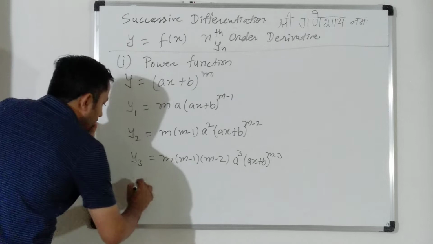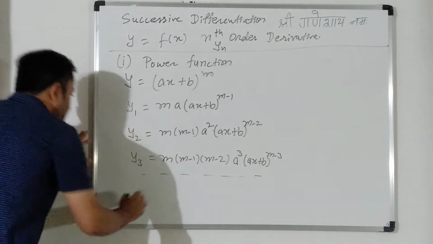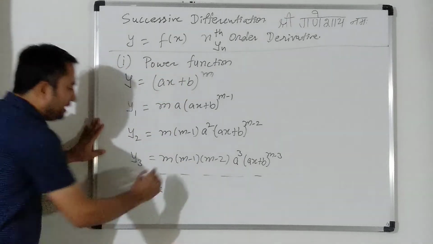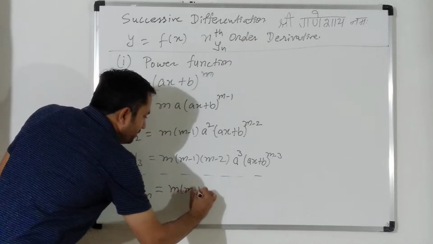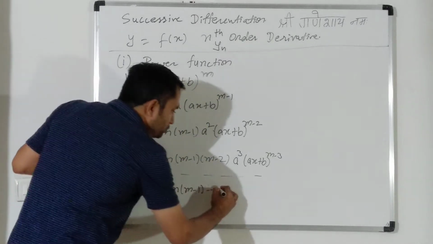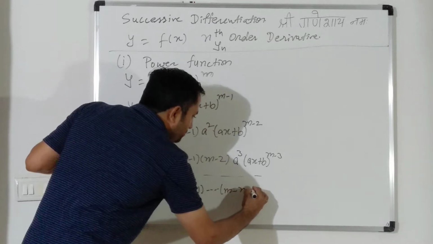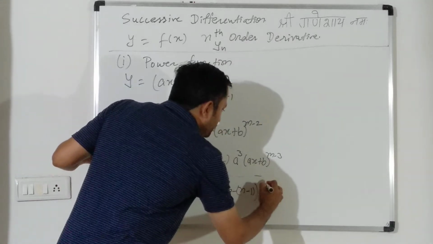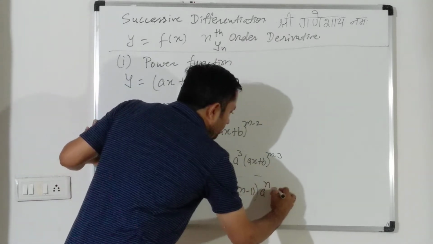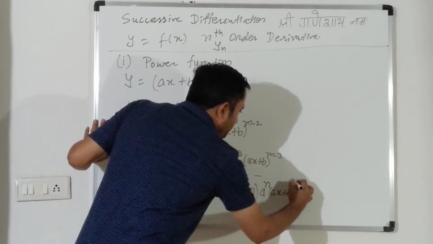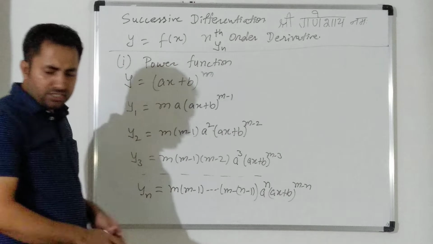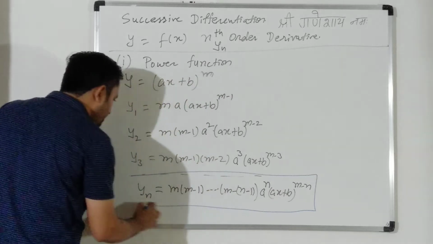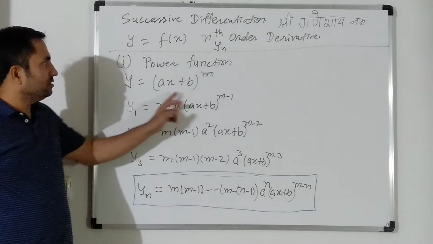Writing n directly, the product goes up to m minus n plus 1, and this will be a to the power n (ax plus b) to the power m minus n. This we have to remember once we go for the nth order derivative of this function.